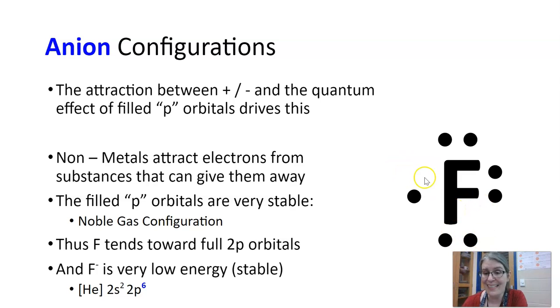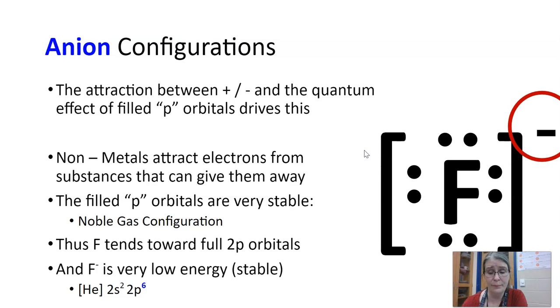And now look, you can see that empty spot that I fill to make the fluorine ion. But I don't want someone to think that I think fluorine always has 8 electrons. So what I do is I put it in a bracket and I put the minus charge outside. Now, it doesn't matter to me whether you put 1 minus or minus 1, as long as you have that negative there.